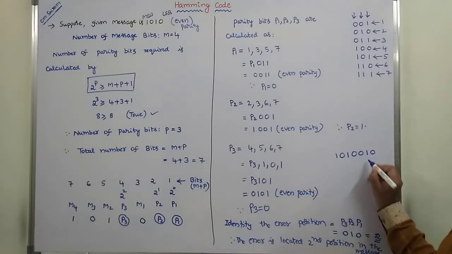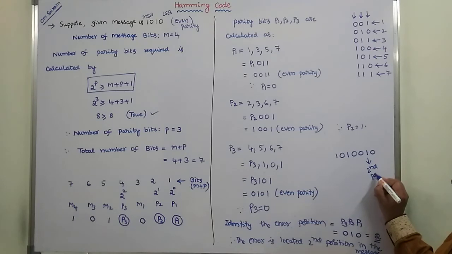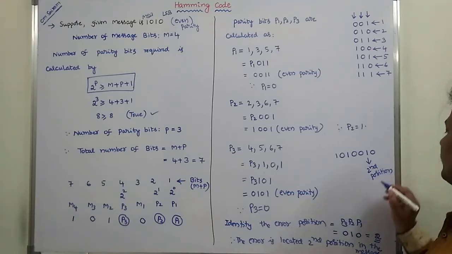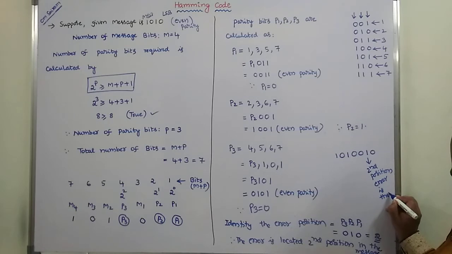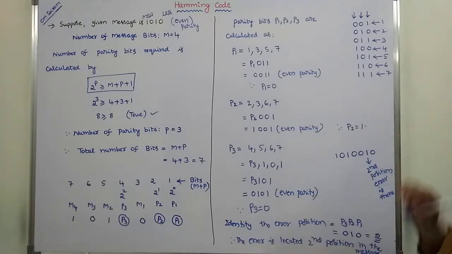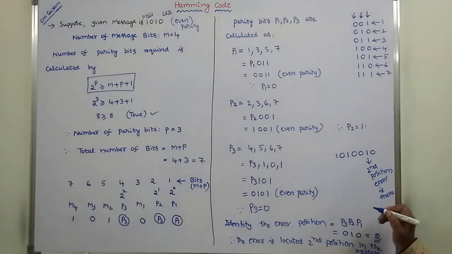So this is the second position. So the error is located at second position. Error is there. To correct that error, change the bit from 1 to 0. So that is error correction.